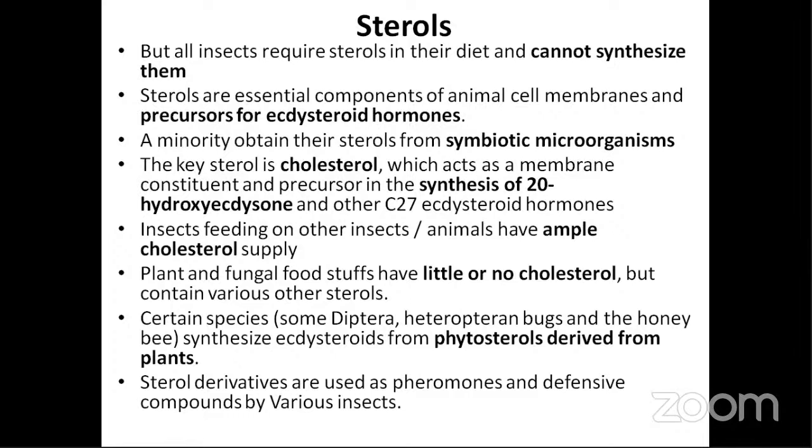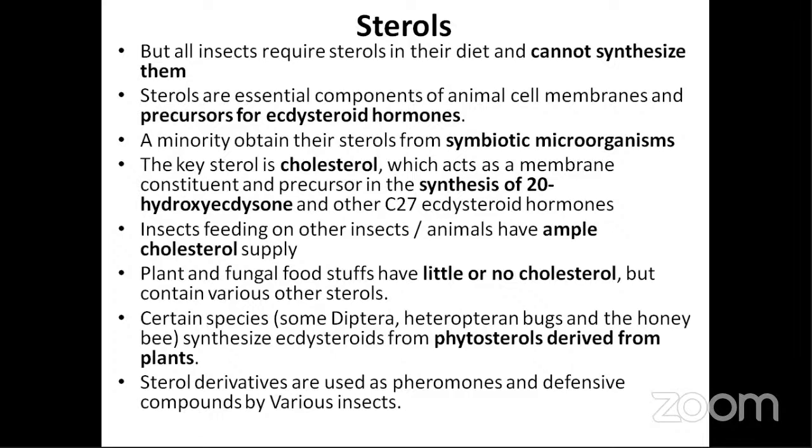And some very few groups of insects obtain sterols from symbiotic microorganisms which are present in different parts of their body. The key sterol of insects is cholesterol, which acts as a membrane constituent and also a precursor in the synthesis of 20-hydroxyecdysone.